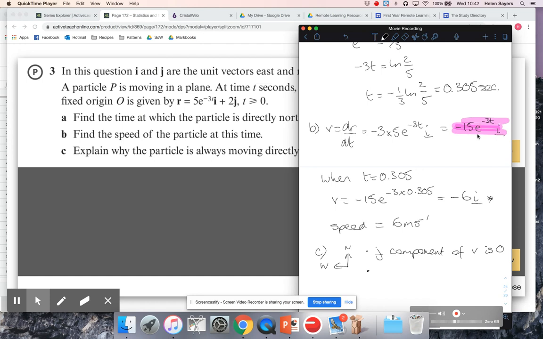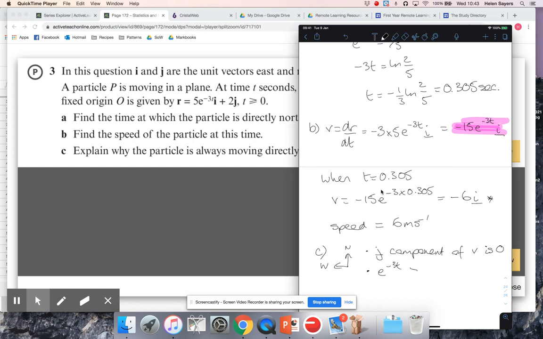Well, if I look back at this, e to the minus 3t, if I ignore the minus 15, e to anything is always going to be positive. So if I'm multiplying that by minus 15, it will always be negative. So the I component will always be negative, which means it will always be going off to the left, in the west direction.